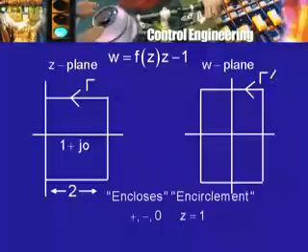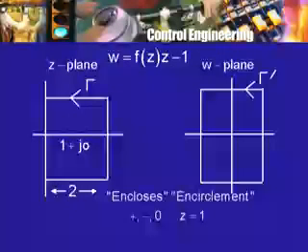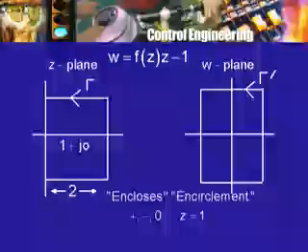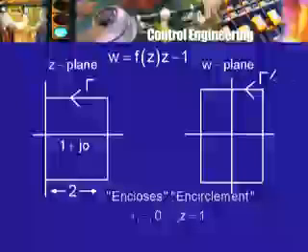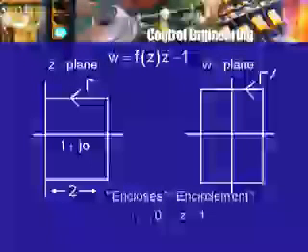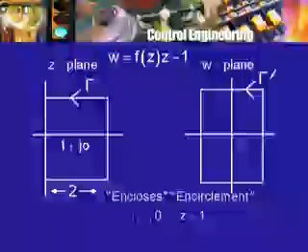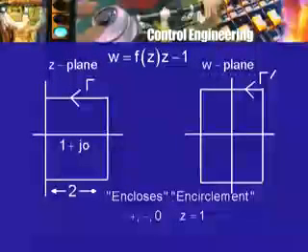The number of encirclements by gamma prime of the origin is 1. Of course, this is not a circle now; the contour need not be a circle, it simply has to be a closed curve, a simple closed curve to start with. So a square is a simple closed curve, and therefore gamma prime encircles the origin once. Whereas if you look at the z plane, this is the z plane, this is the w plane.